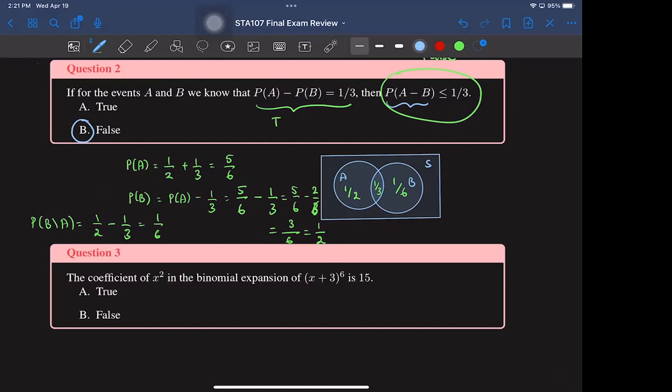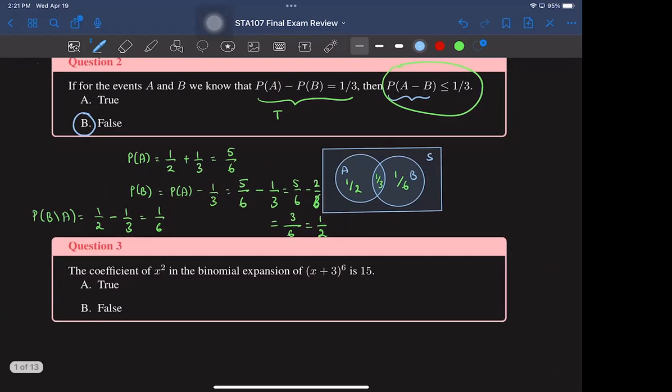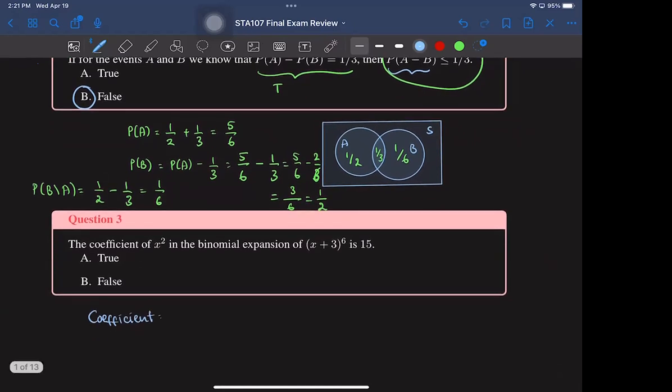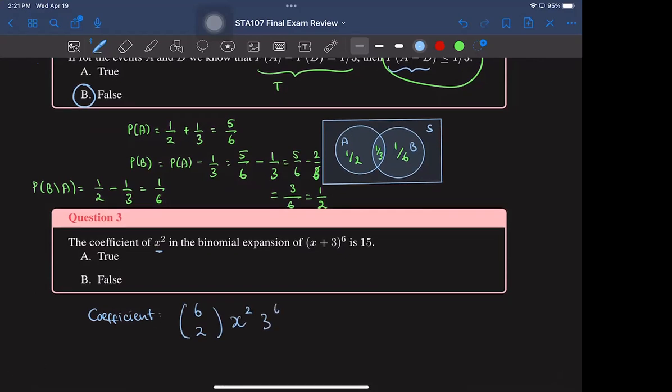Okay, let's see. I have 6 people choose false and 2 people choose true. Let's think about this. What is the coefficient when you expand this one? When the exponent of x is 2, it will be 6 choose 2 multiplied by x to the power of 2 and 3 to the power of 6 minus 2.